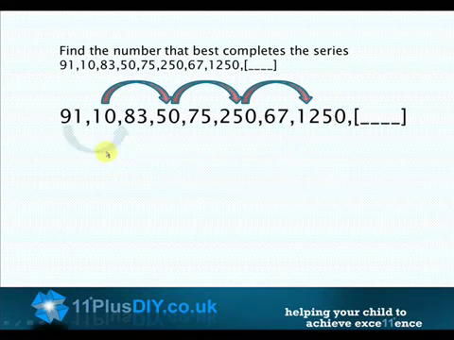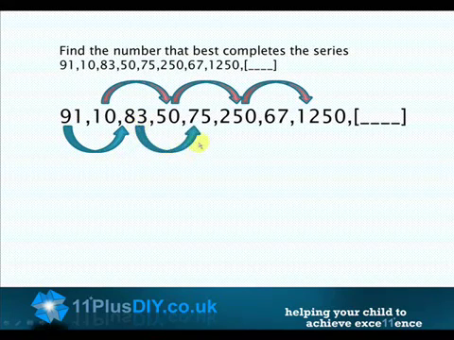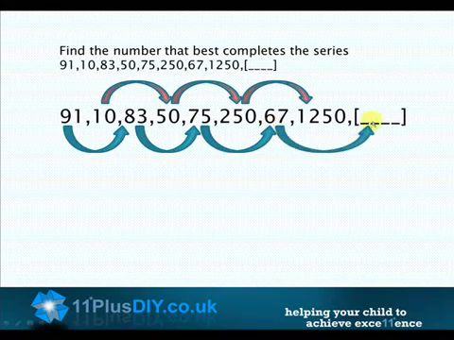Also, is there a pattern between 91 and 83, 83 and 75, 75 and 67, and our missing number? So we've got our top row and our bottom row of alternating numbers.